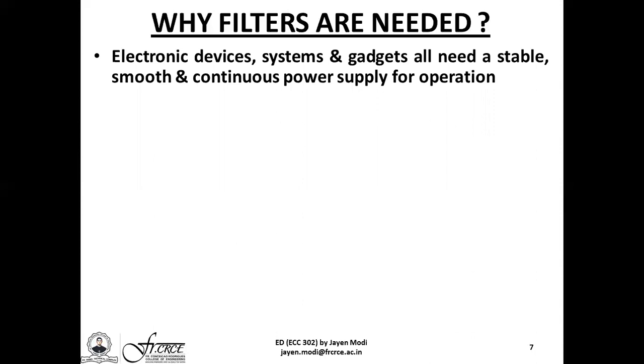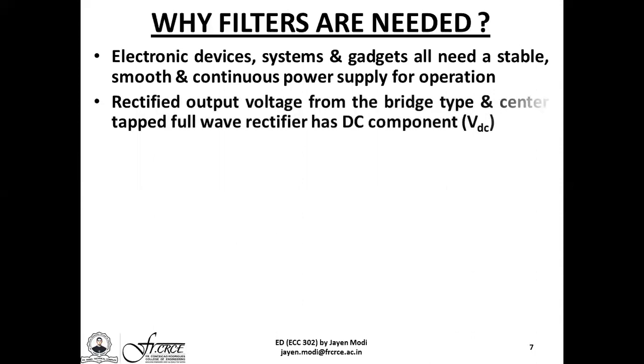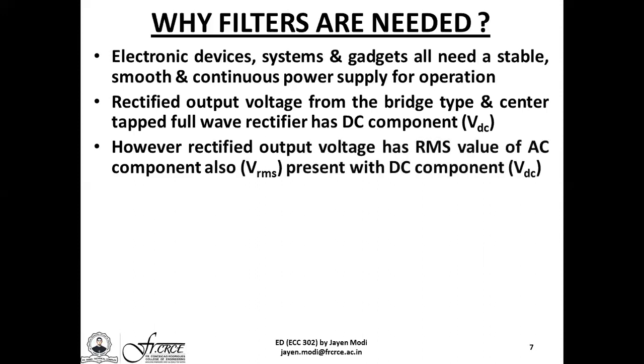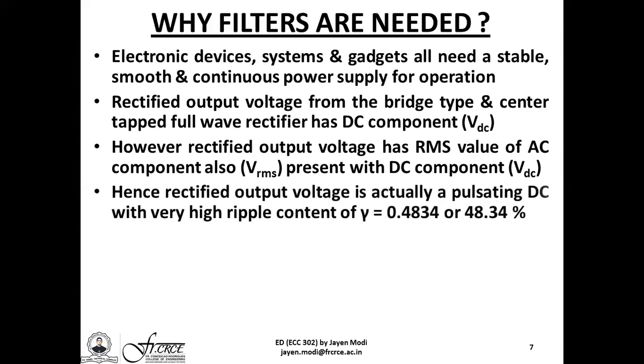Now, the output of these rectifiers definitely has a DC component, which was derived to be VDC, but at the same time, it also has an RMS value of the AC component present along with the DC component. This output voltage is pulsating DC with a very high ripple content of approximately gamma equal to 0.4834 or 48.34%.